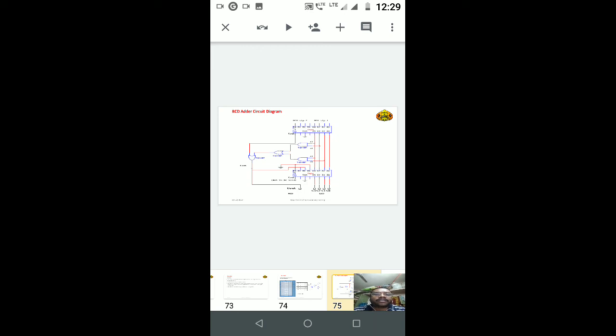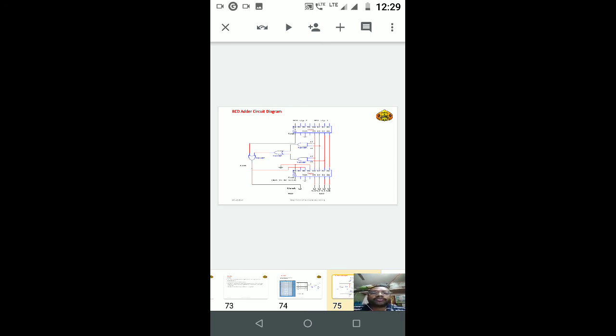This recorded video is only for performing BCD addition. Here you have two BCD inputs and you want to perform the addition operation on them. While performing the addition, you should know which condition has to be checked.